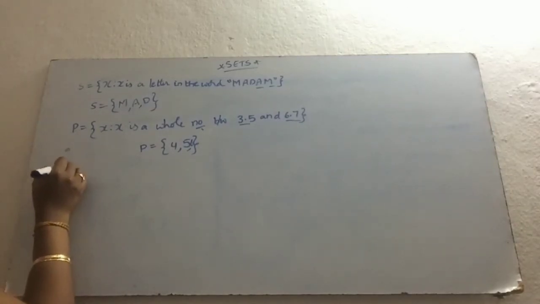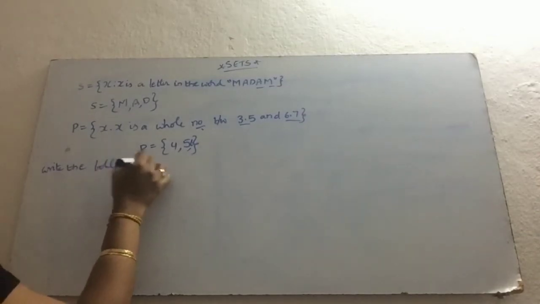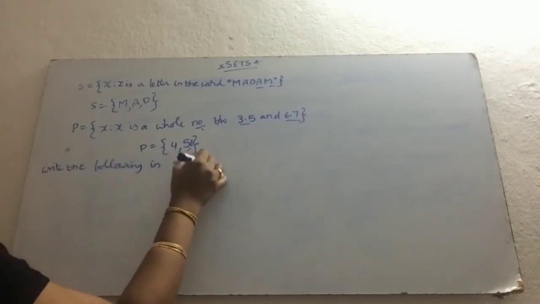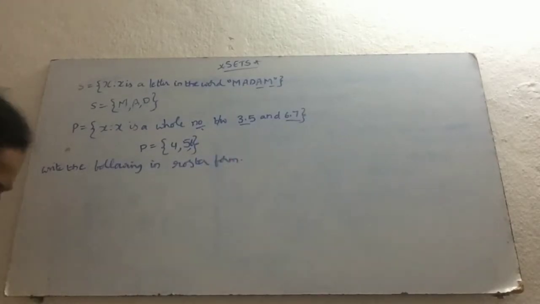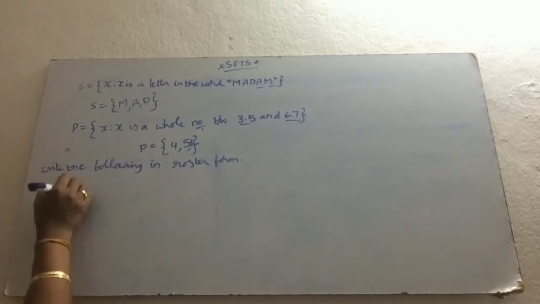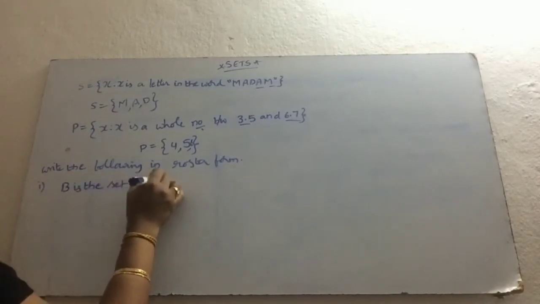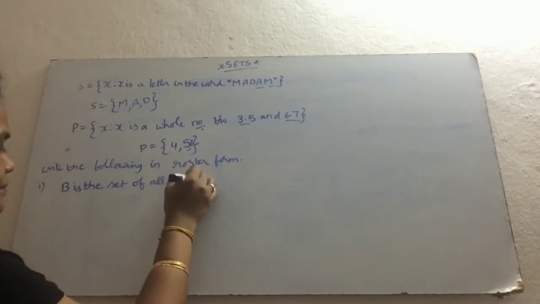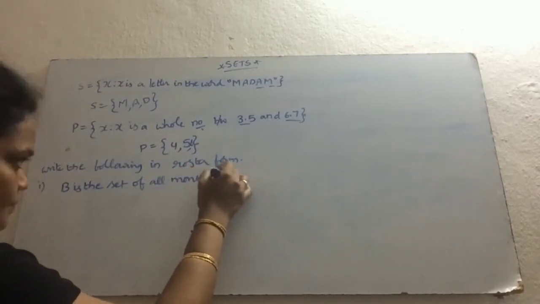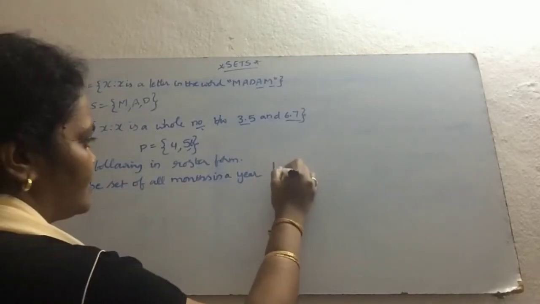Next one. Write the following in roster form. First one, B is the set of all months in a year having 30 days.